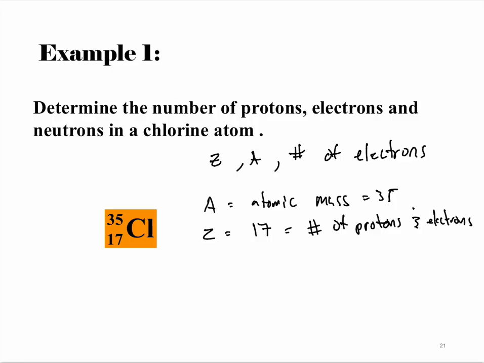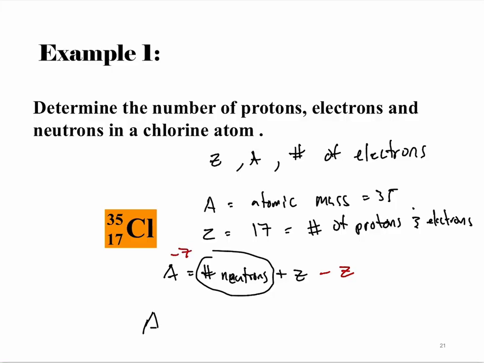So then how would we use this to get the number of neutrons in our substance? Yep, you subtract Z from A, right? Because A is equal to the number of neutrons plus Z. So if we want to solve for the number of neutrons, subtract Z from both sides.